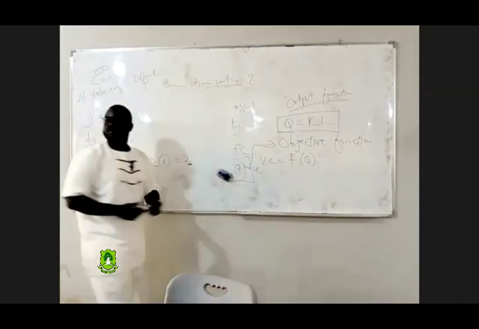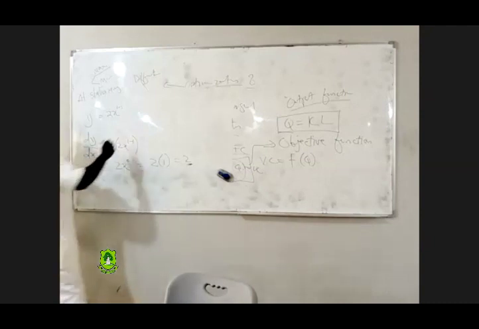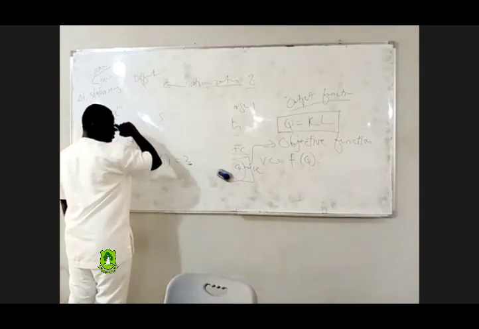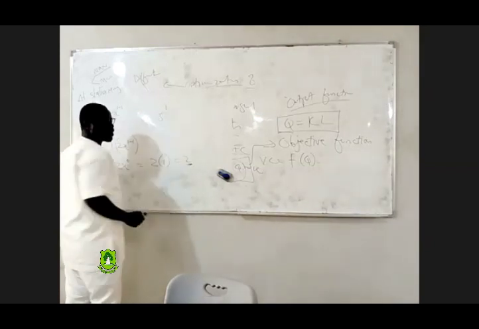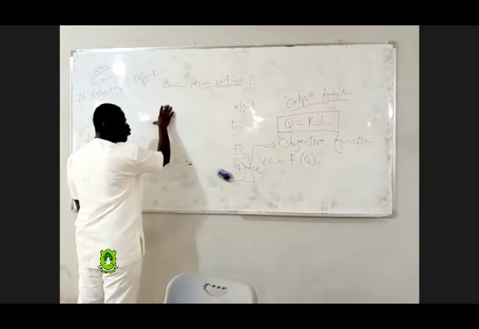Any number raised to the power 0, is it 0 or 1? No, any number raised to the power 0 is 1, and any number raised to the power 1 is that same number. X raised to the power 1 means x times 1. If you have 5 raised to the power 1, it means that particular 5 is standing alone.